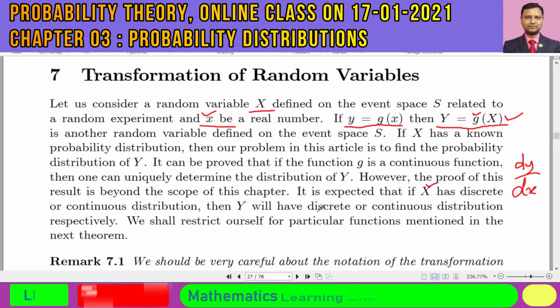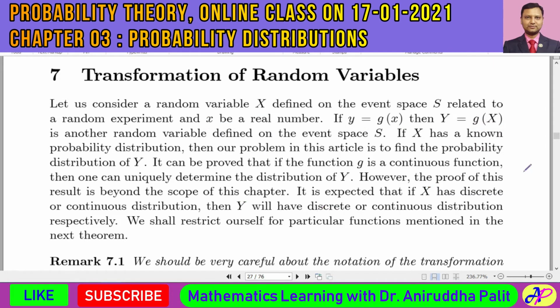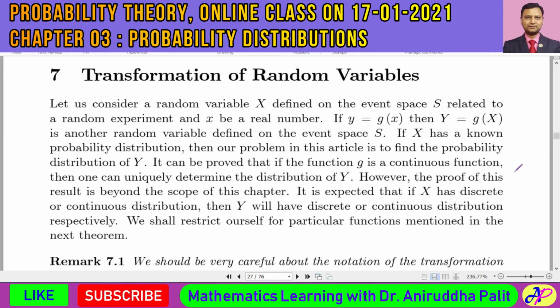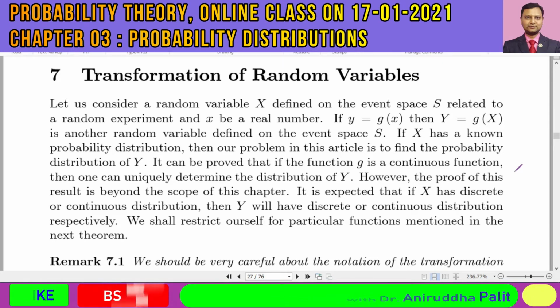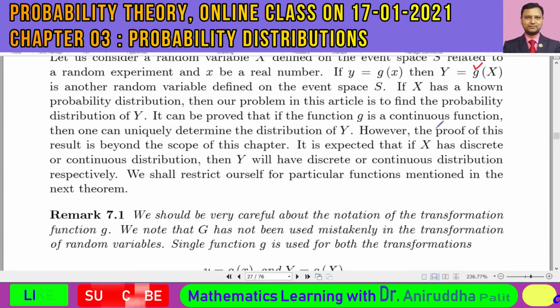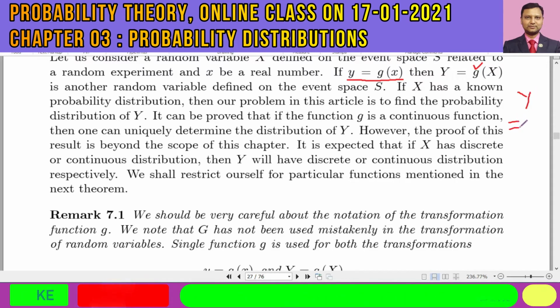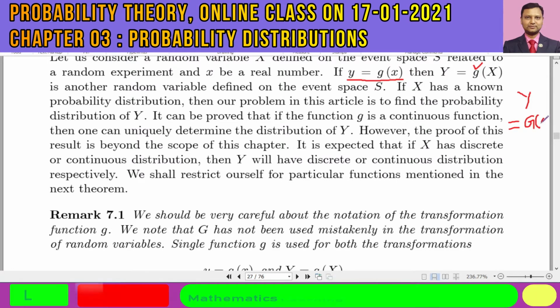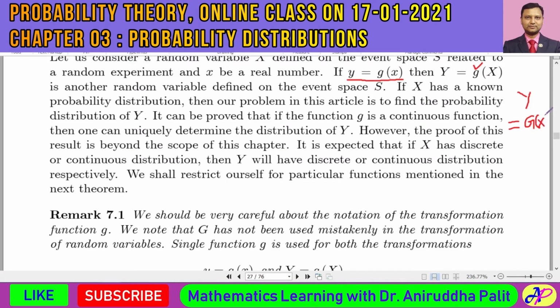So these are some important facts that we should observe, and we should be very careful about the notation of this transformation g. Generally we make this kind of mistake: we write y is equal to g of x, and sometimes we write y is equal to capital G of x, because everything is written in terms of random variables.